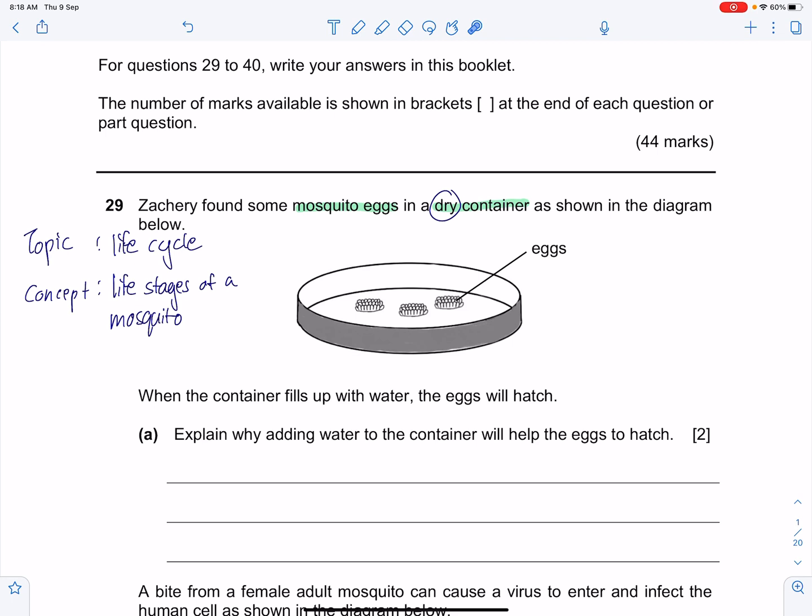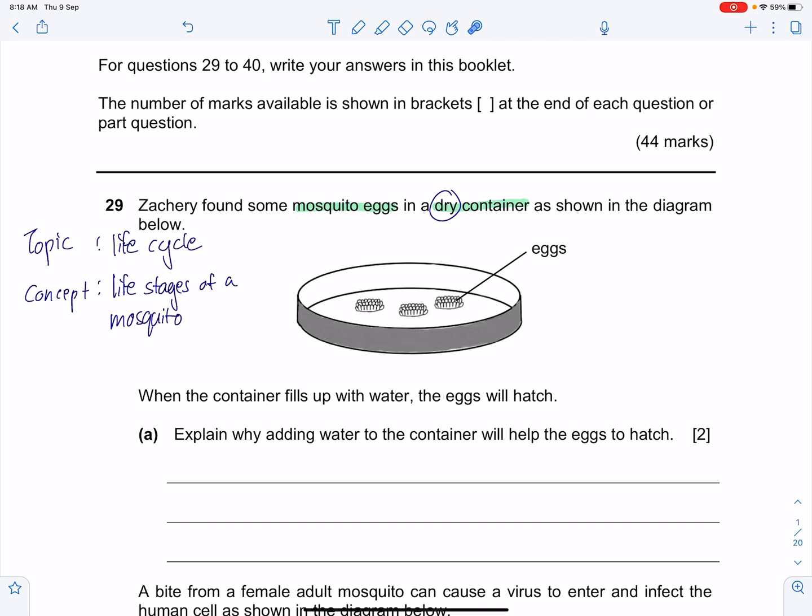When you read it as a layman and don't make reference to what you've learned, the first thing you'll be thinking is maybe there's some special activating property of water. Maybe when the water touches the egg, the eggs will be activated. But that was not what you were taught in school, right? So you have to relate it to what you were taught about the life cycle of a mosquito.